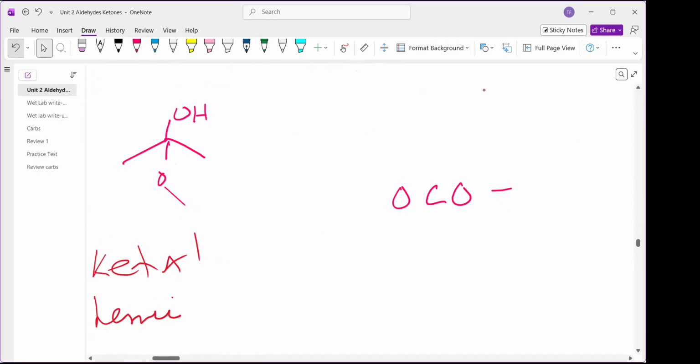Okay, test number one. Is there an OCO present? Yes or no? If it's yes, then you are going to have an acetal, ketal, hemiacetal, or hemiketal, one of the four. If that's not present, then you don't have any of those. Okay, if it's present, the carbon in that OCO is the anomeric carbon.